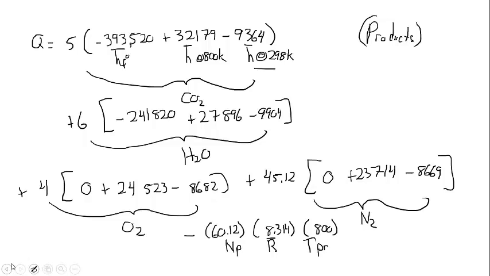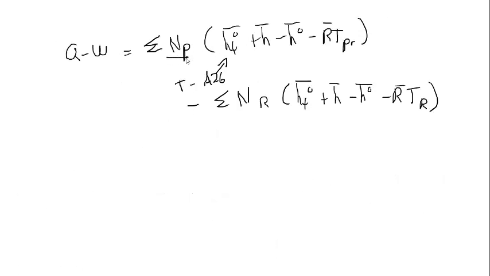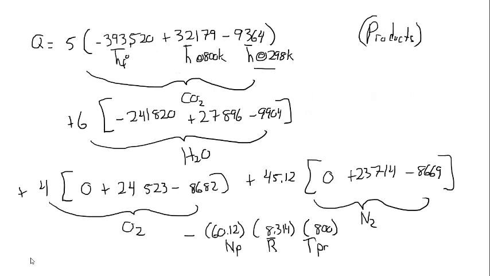Because remember, total number of moles times R T. That would be basically the sum total of the internal energy of the products minus the reactants. Here we have minus.